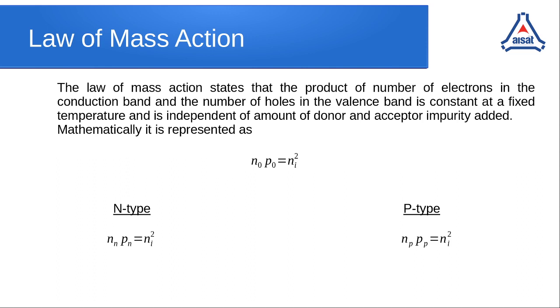Similarly, for p-type semiconductor, the law of mass action is rewritten as n suffix p into p suffix p is equal to Ni square, where n suffix p is the number of electrons and p suffix p is the number of holes in case of the p-type. Here what we have to keep in mind is that the majority carriers are the holes and the electrons are minority carriers in the p-type semiconductor.